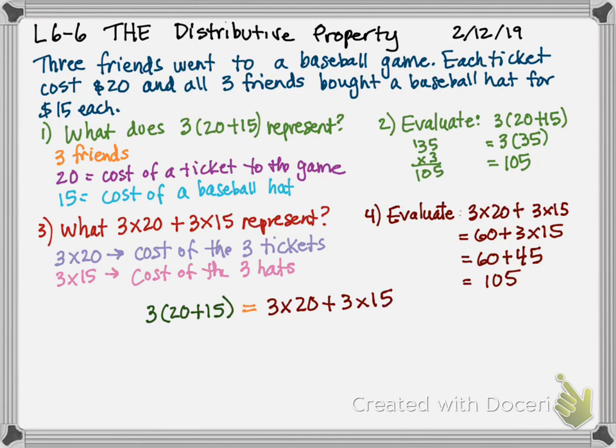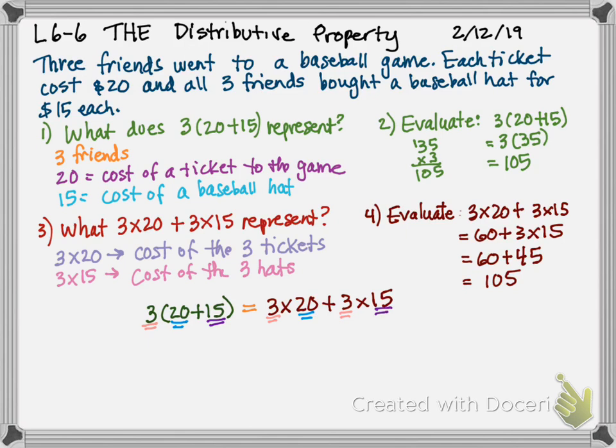And again, let's just note here that 3 shows up here, here, here. So that's going to be your major number showing up. We also have 20 showing up here and here, and then we've got 15 here and here.